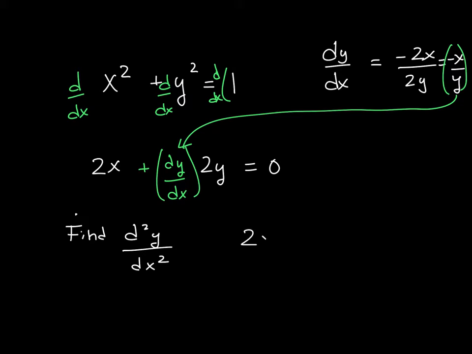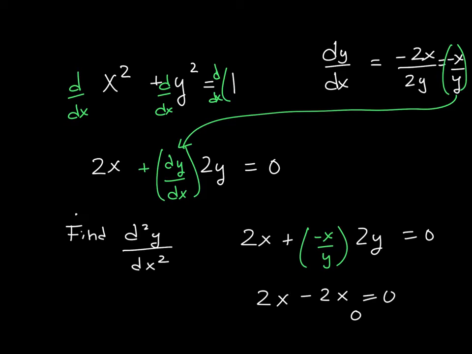So right now I have 2x plus, I substitute back in negative x over y, multiply that times 2y is equal to 0, or I get 2x minus 2x, and I get 0 is equal to 0.